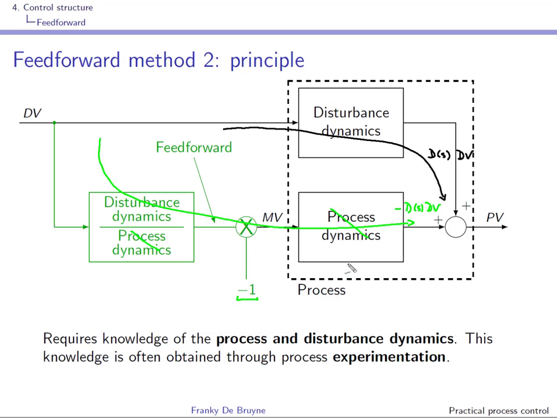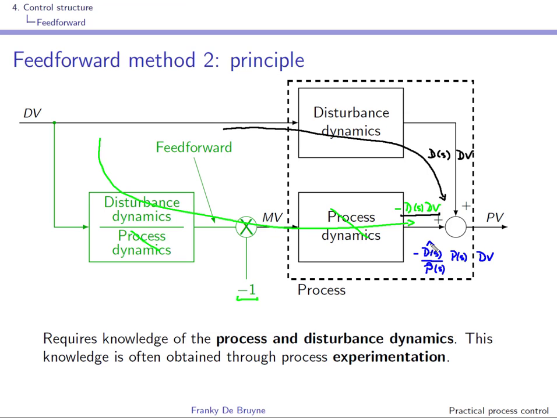In practice, what you will have over here will be not this, but I'll write it in another color to show you that this is what happens in reality. Well, it's not D of S, but it's a model of D of S over the model of your input output process dynamics times P of S, and the whole thing acting on dV, right?